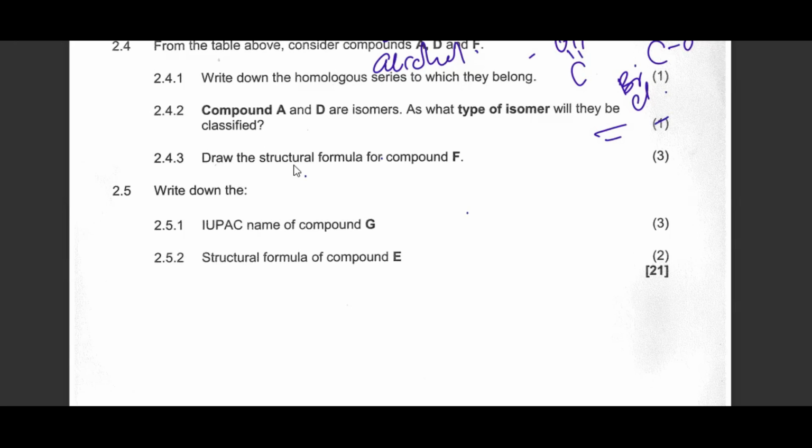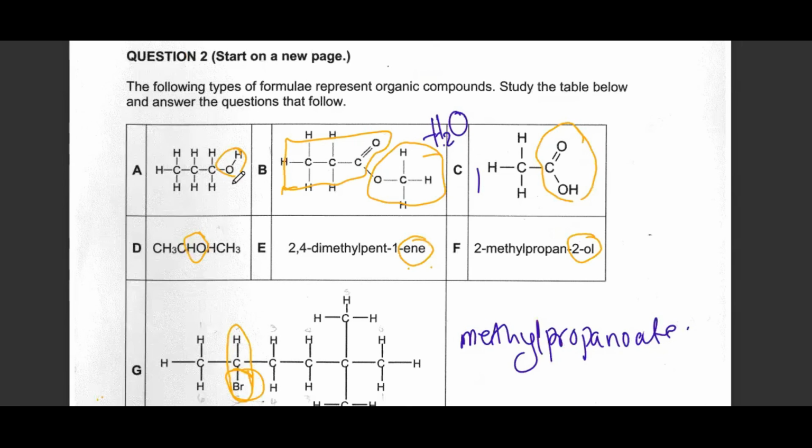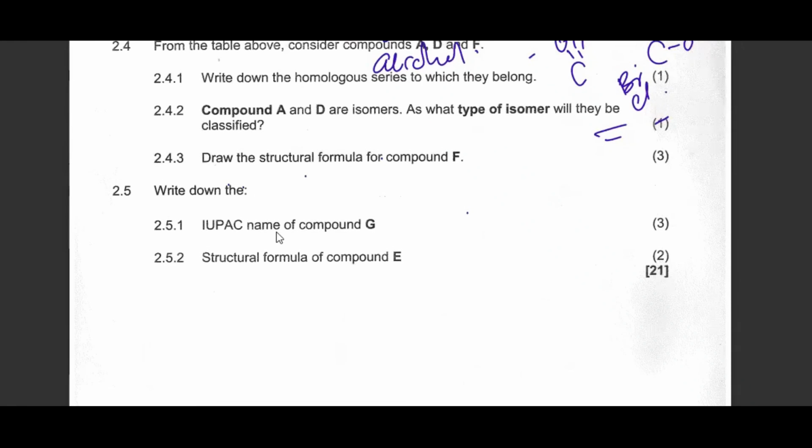Compound A and D are isomers. As what type of isomer will they be classified? Compound A and D. You see that the alcohol is here. So let me show you here. One compound is like this.